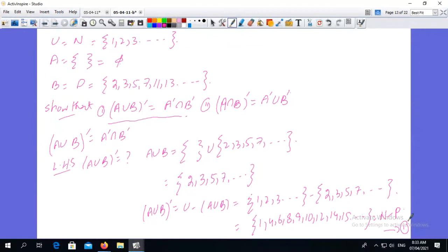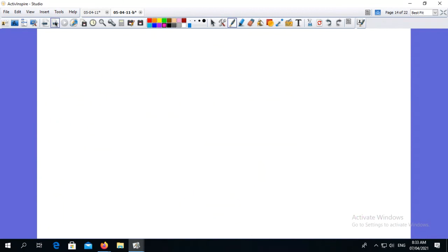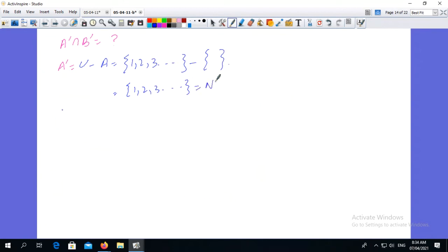Now we have to find the right hand side, which is A complement intersection B complement. For this purpose, first of all, we have to find A complement. A complement means U minus A. U means the universal set 1, 2, 3 up to infinity, minus A, the empty set. We are left with 1, 2, 3 and so on, or the natural number set.